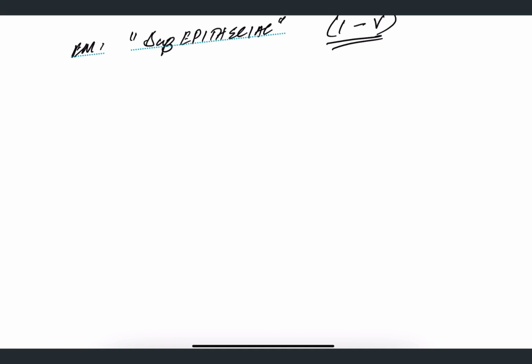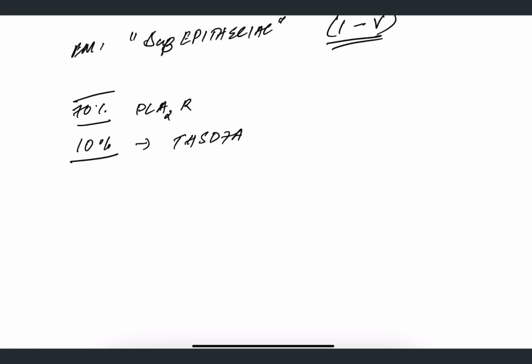Now, which are the antibodies that are formed? In 70% of cases, the antibodies are against the M-type phospholipase A2 receptor, PLA2R, on the podocytes, and in 10% of cases the antibodies are against THSD7A.